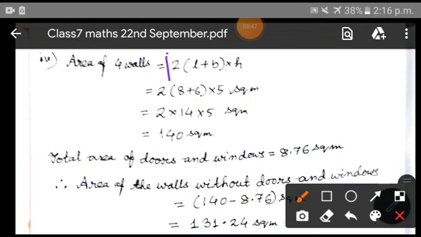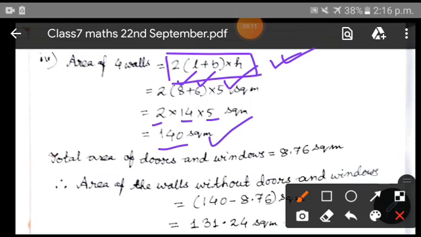Length is 8 meter, breadth is 6 meter and height is 5 meter. All three dimensions are given, so you simply put them in the formula and calculate: 2 into 14 into 5, you are getting 140 square meter.